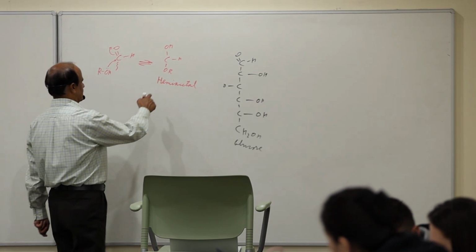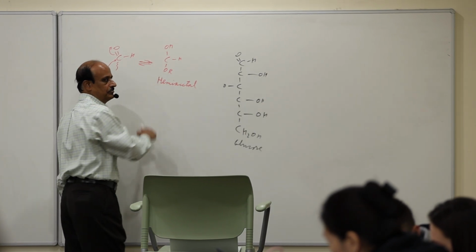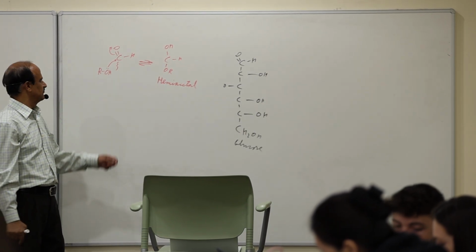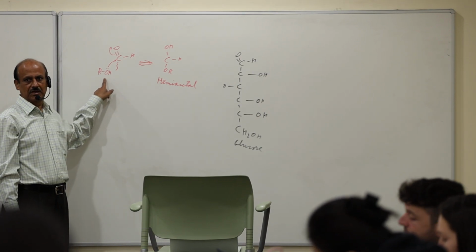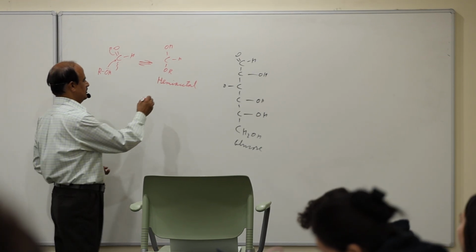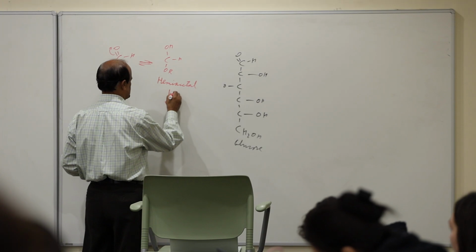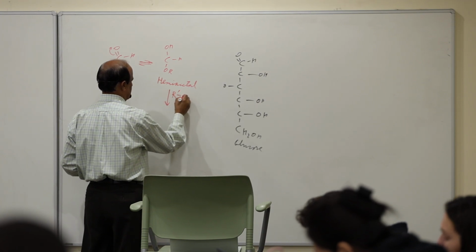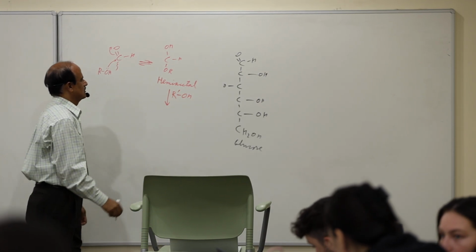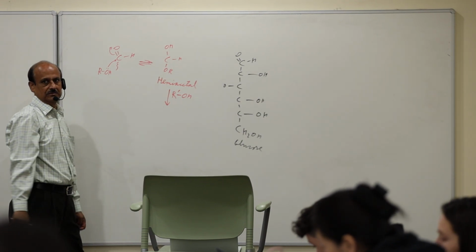It's called a hemiacetal because this also has an OH group which can further react with another alcohol. So if you react this further with another alcohol, let's say R prime OH, then you form an ether linkage here.